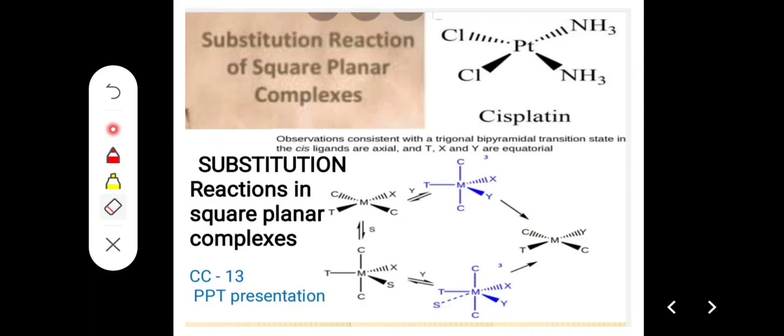Now we consider all of these things. Square planar complexes means what? They have coordination number equal to 4. When we consider coordination number 4, we get two different geometries: one is tetrahedral, the other is square planar. Tetrahedral is basically sp3 hybridized, for example methane.